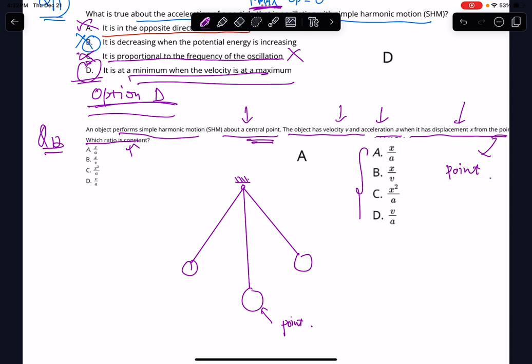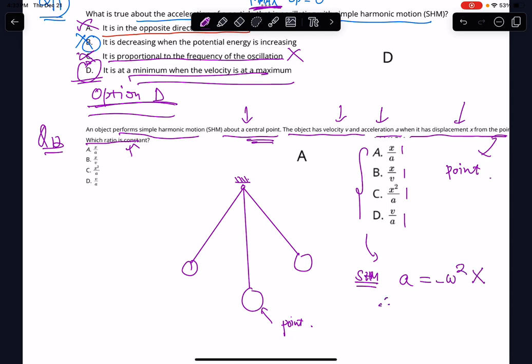So now they're asking which ratio is correct: x by a, x by v, x squared by a, and v by a. For this one, you just need to know the defining equation of SHM. In simple harmonic motion, the acceleration is negative omega squared x.